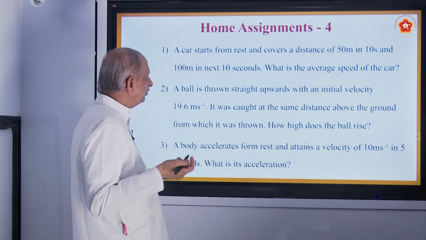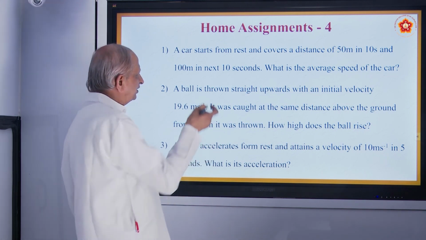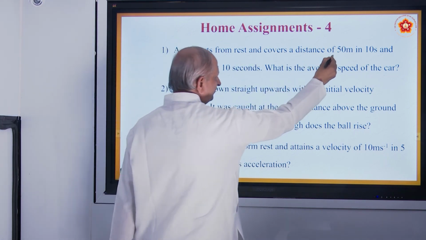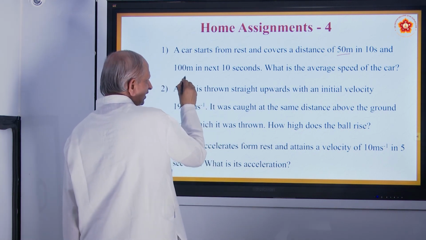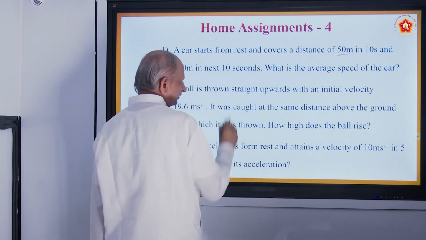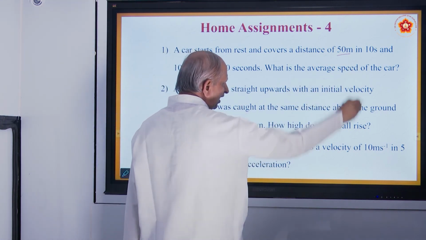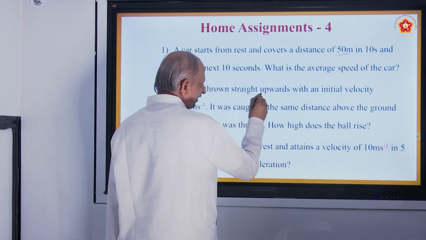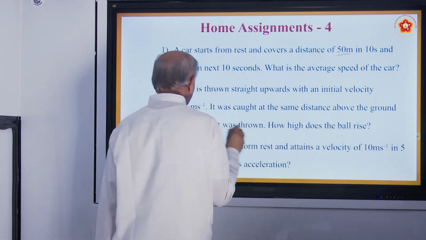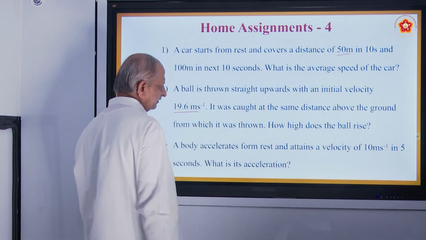Let us see some of the home assignments. A car starts from rest and covers a distance of 50 meters in 10 seconds and 100 meters in the next 10 seconds. What is the average speed of the car? A ball is thrown straight upwards with an initial velocity of 19.6 meters per second.